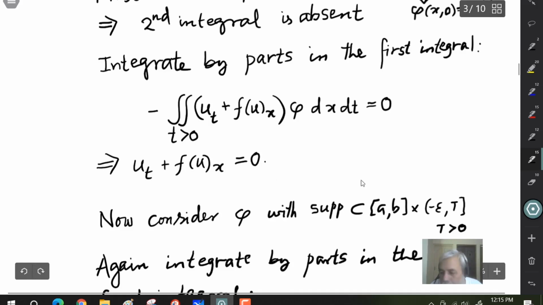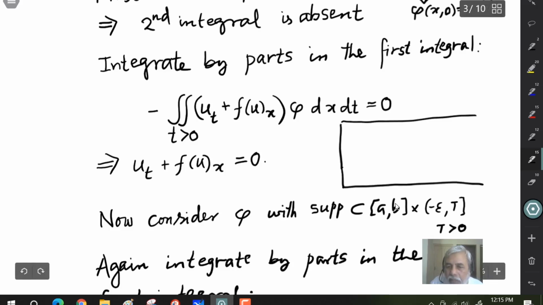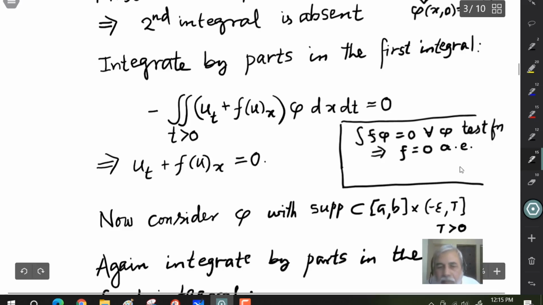So the integral of (ut plus f(u)x) times phi dx dt equals 0, and that implies ut plus f(u)x equals 0. This is a non-trivial result again from integration theory: if the integral of g phi is 0 for all test functions phi, one can show that g equals 0 almost everywhere, that is, except on a set of measure 0.